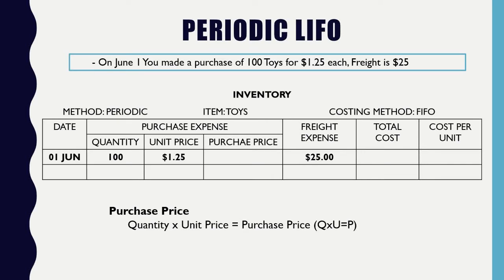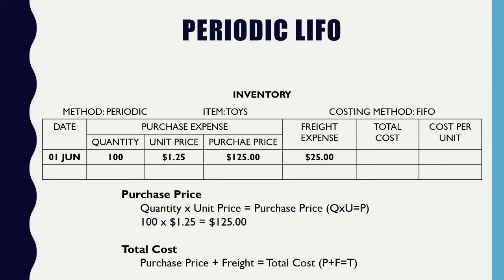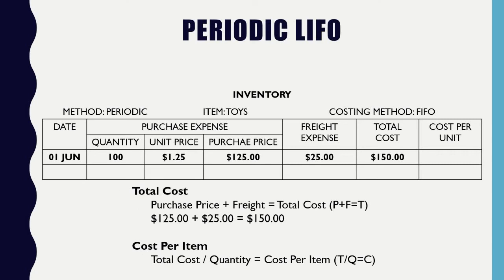We plug it into our table, and we are given three key factors: the quantity, the unit price, and the freight. Now we just plug in our formulas to find the blank areas. Purchase price is unit price times quantity, which gives $125, plus $25 freight for a total cost of $150.